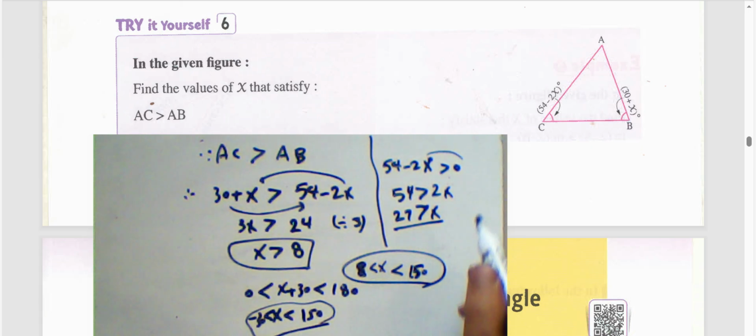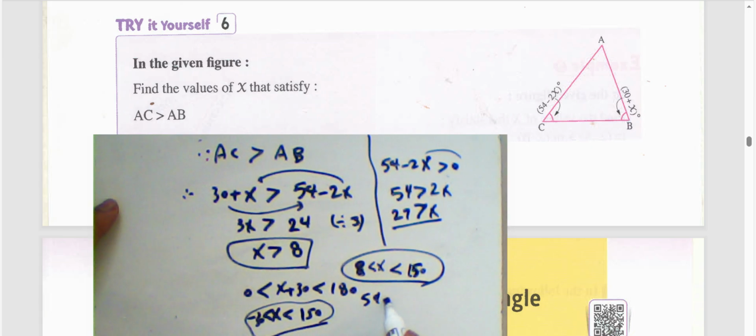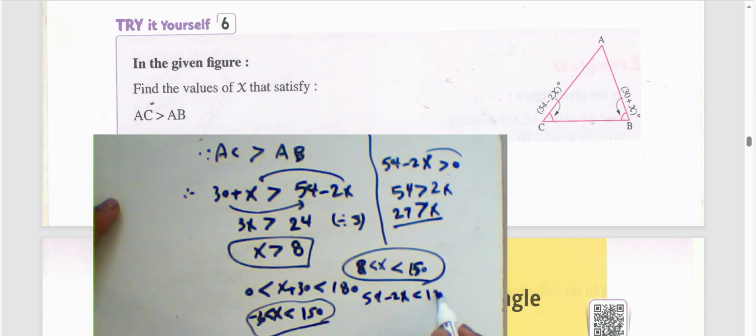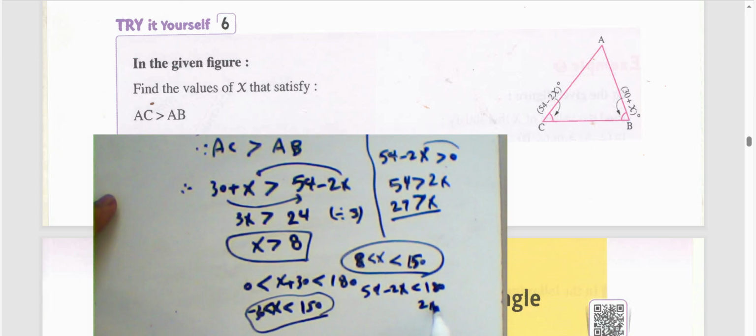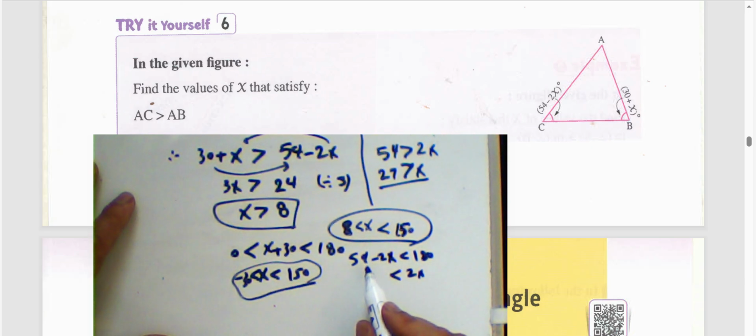Okay, you can write here also 54 subtract by 2x less than 180. Move 2x here and 180 move by the negative. Write 54 subtract by 180, then 2x greater than negative.